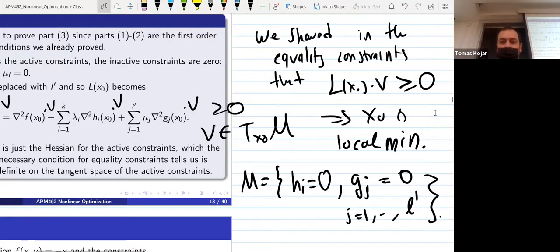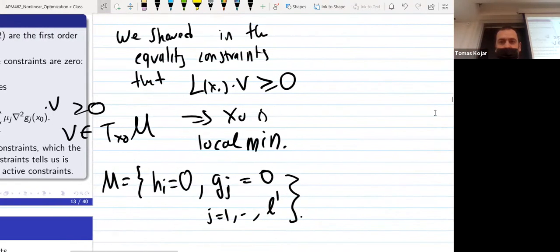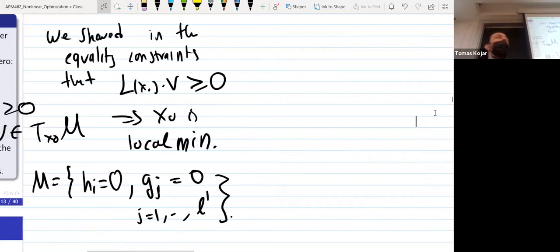Again, for people who took 236, it's the same idea: you had an inequality problem, you added a slack variable and turned it into an equality problem. This is exactly what we did here.